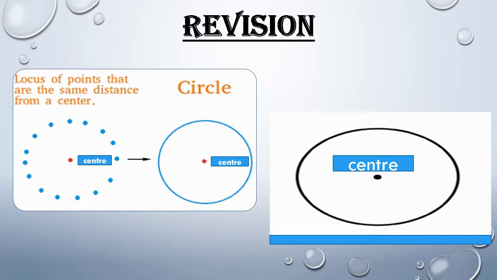Next is center. It is the midpoint of a circle. Next is radius. The radius of a circle is the line segment which joins the center of the circle to the outer boundary.